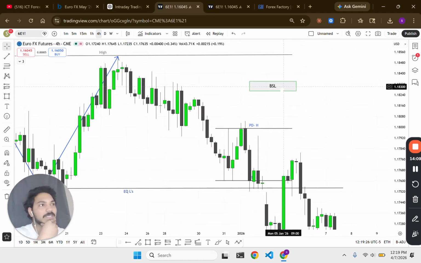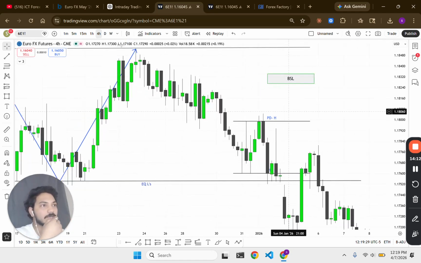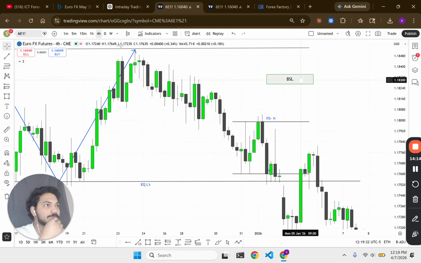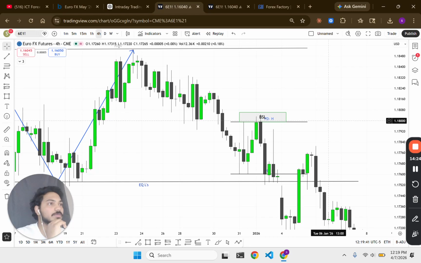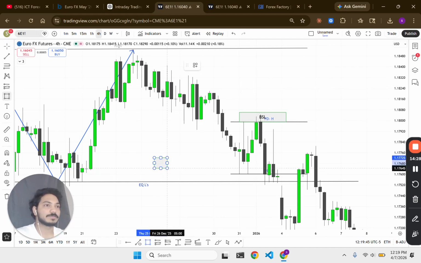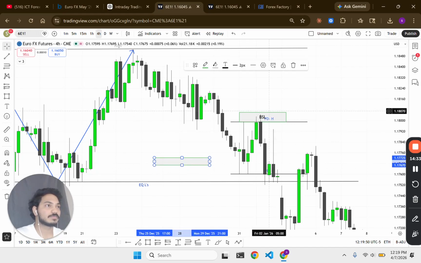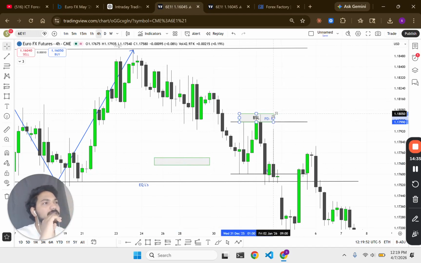So buy stops rest above the highs, right? So I mark it above the previous day high, and same with the sell side as well. I try to keep it to 10 to 20 pips.